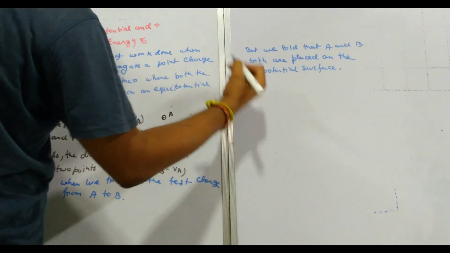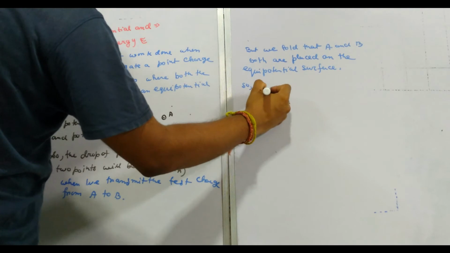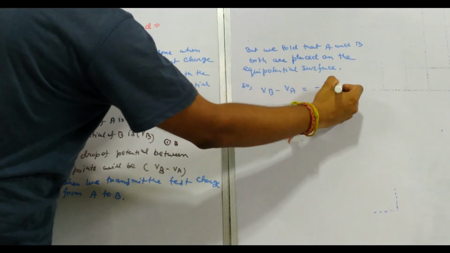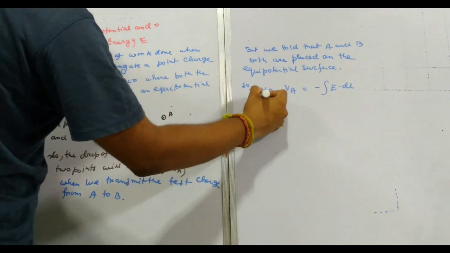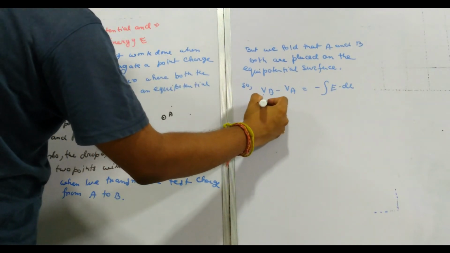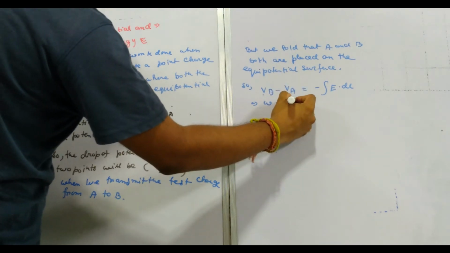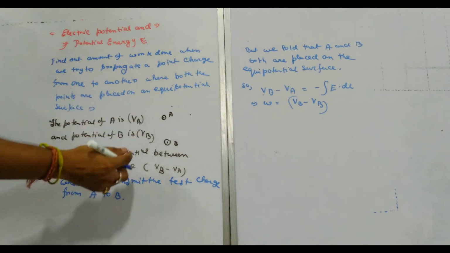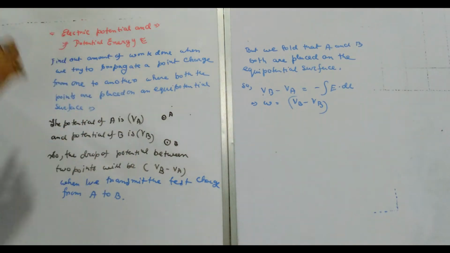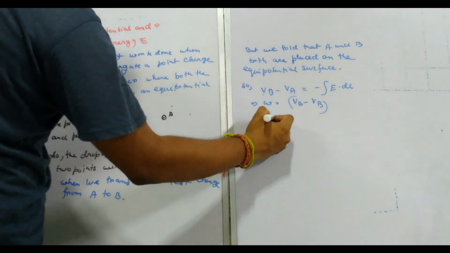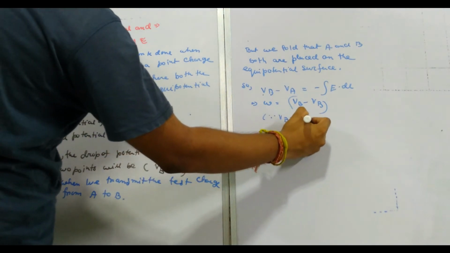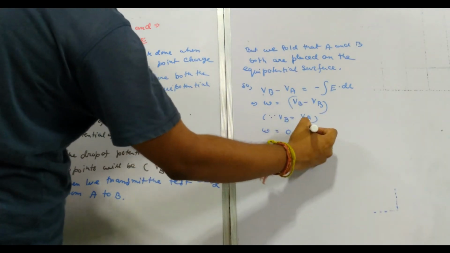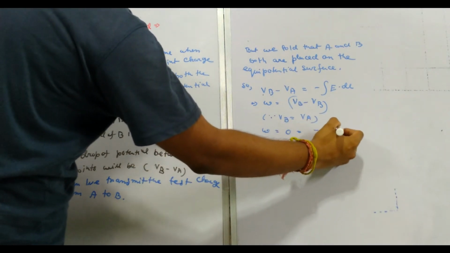So we can write VB minus VA, that will be minus of E dot dl, but this will be nothing but the work done, that is VB minus VA. As we know, VB and VA both are placed on an equipotential region, so VB and VA both have the same potential, so we can write W equal to 0, and this is nothing but minus of E dot dl.